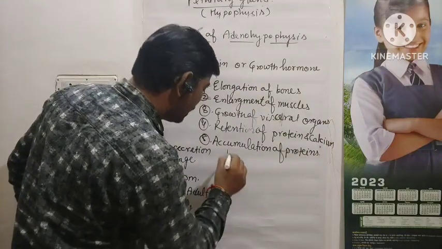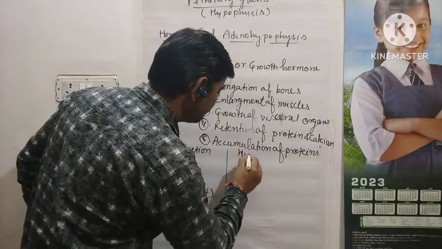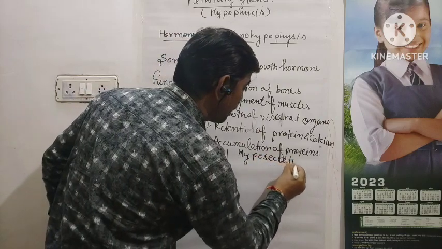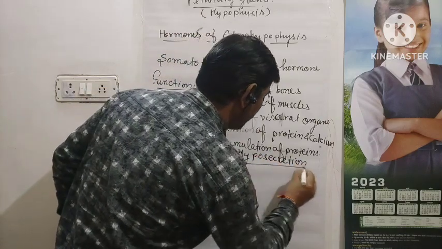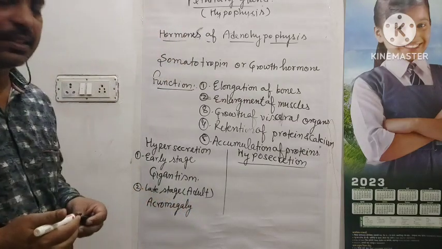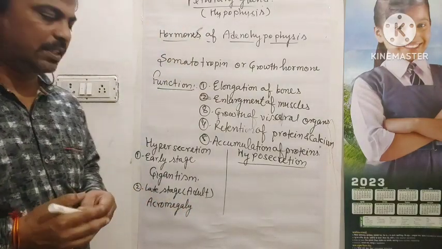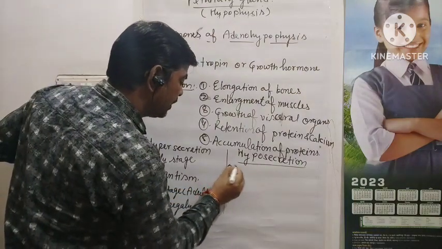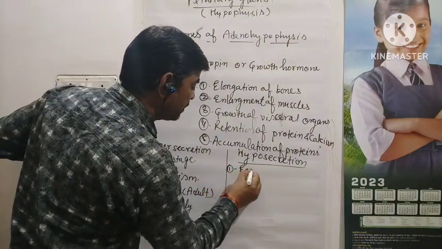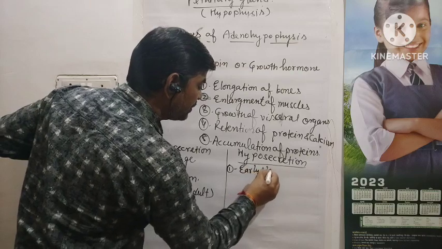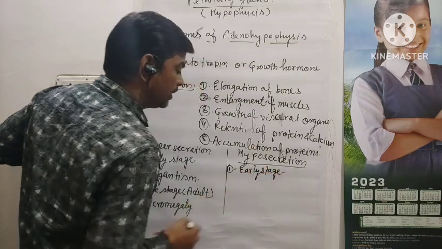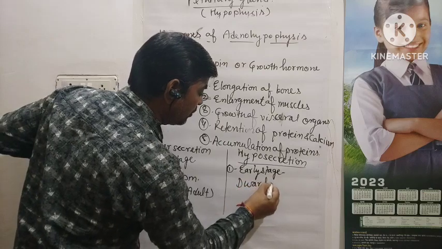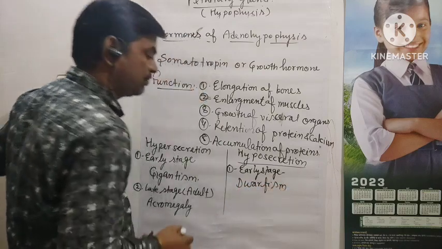Now the hyposecretion also creates disorders. Hypo means less secretion and hyper means over secretion. So hyposecretion, same condition. If we take the first, that is the early stage of development, then it is dwarfism, pituitary dwarfism.